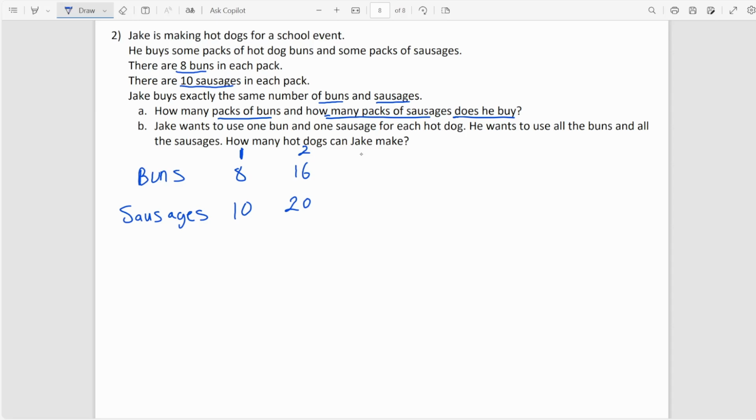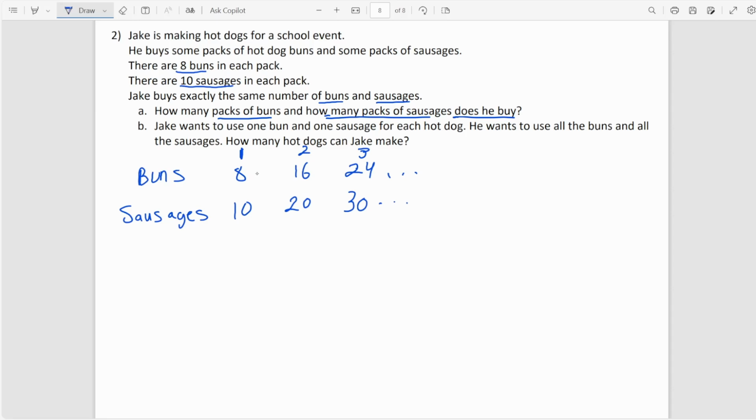If you buy 3 packs, you're going to have 24 buns and 30 sausages, and so on. So what you're aiming for is, when will I have the same number of buns and the same number of sausages?